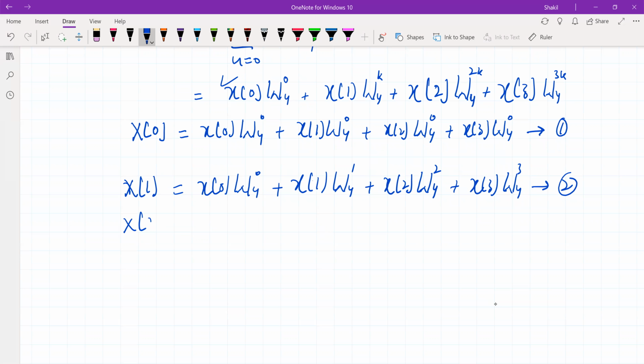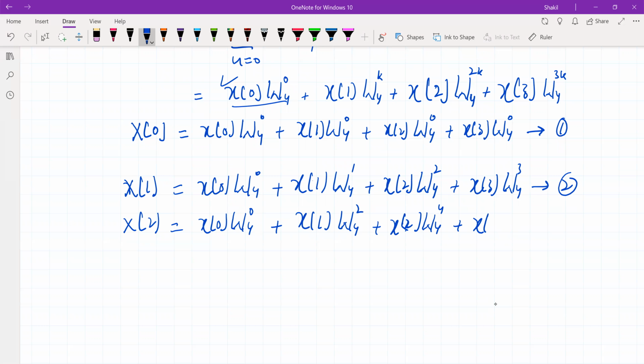Put k equal to 2. This will be x of 0 W4 to the power 0. You can check it, the first term does not vary with k. Then x of 1 W4 to the power 2, x of 2 W4 to the power 4, x of 3 W4 to the power 6, since 3 multiplied by 2 is 6. Please pay attention to the terms.